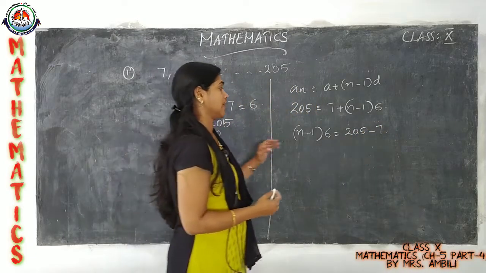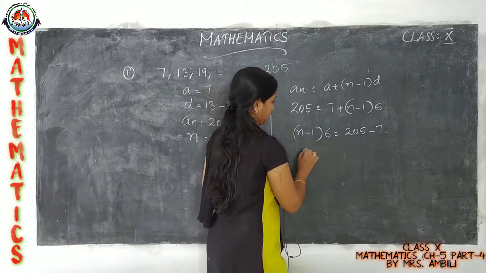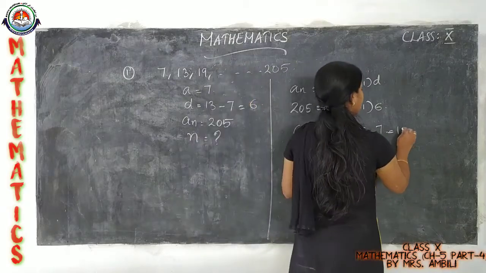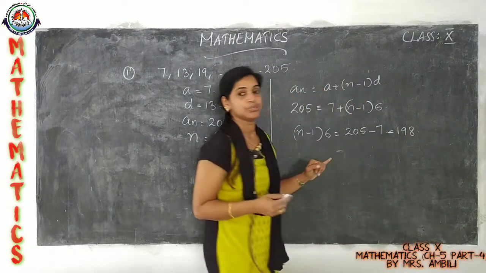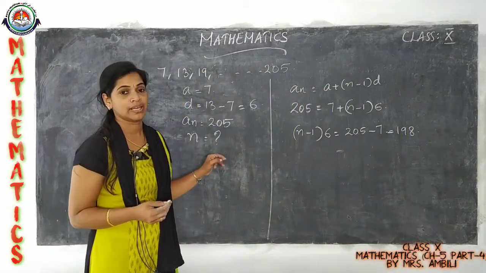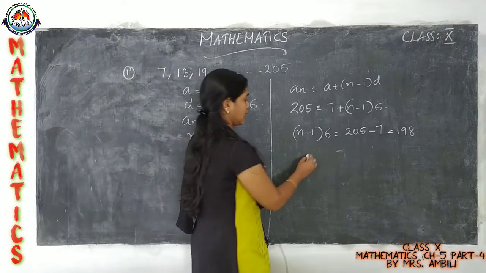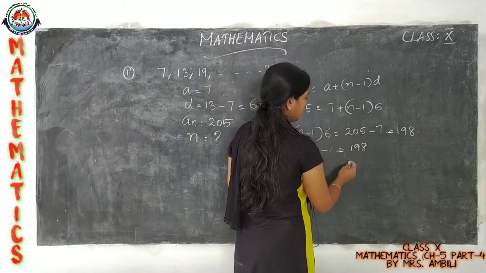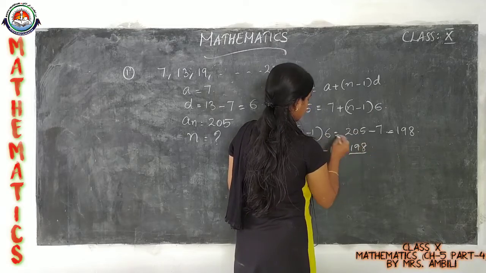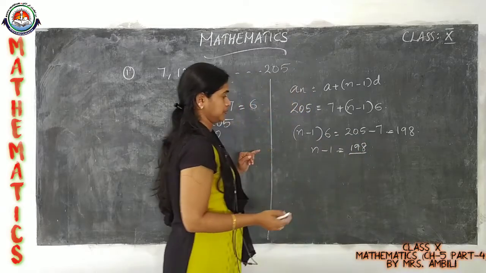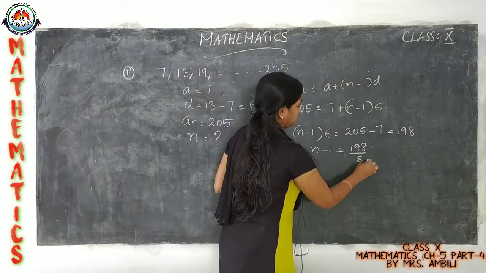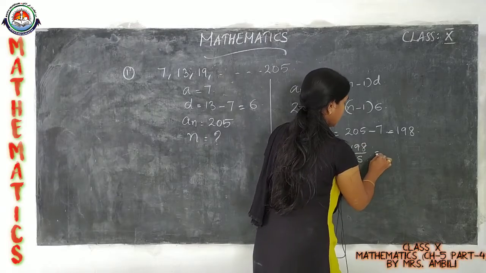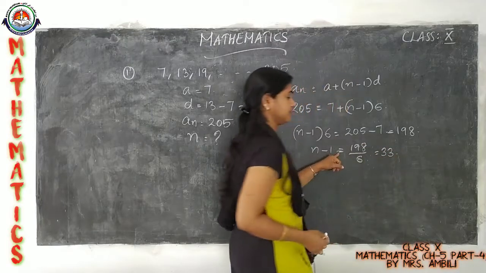What is 205 minus 7? Equal to 198. 205 minus 7 equal to 198. So we can write n minus 1 equal to 198 by 6. 198 by 6 equal to 33.